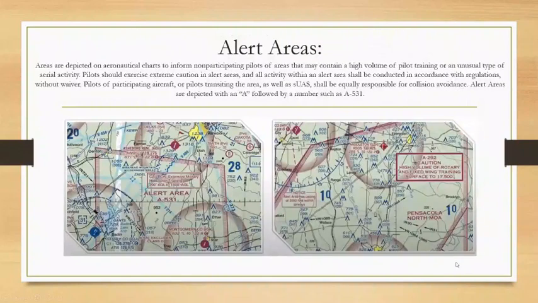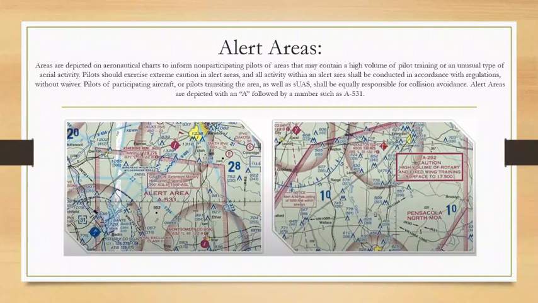We have alert areas. These are areas that are depicted on aeronautical charts to inform non-participating pilots of areas that may contain a high volume of pilot training or an unusual type of aerial activity. Pilots should exercise extreme caution in these alert areas, and all activity within an alert area should be conducted in accordance with regulations without waiver.